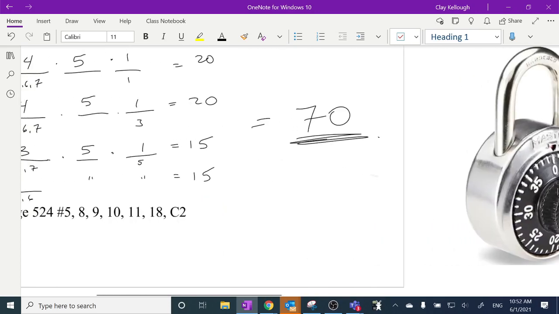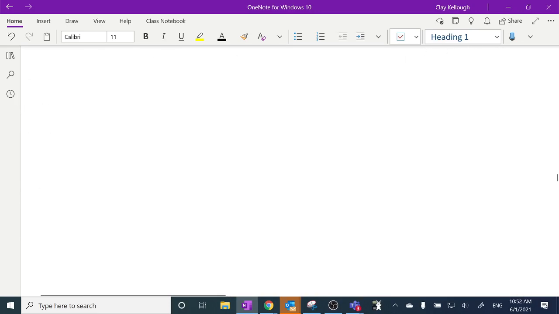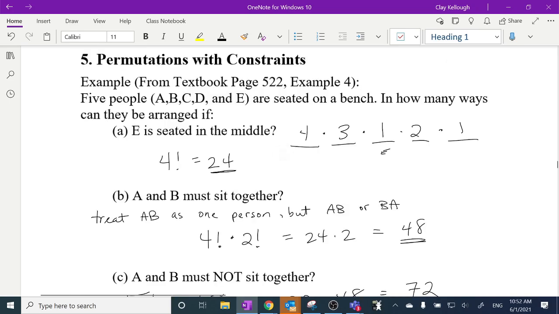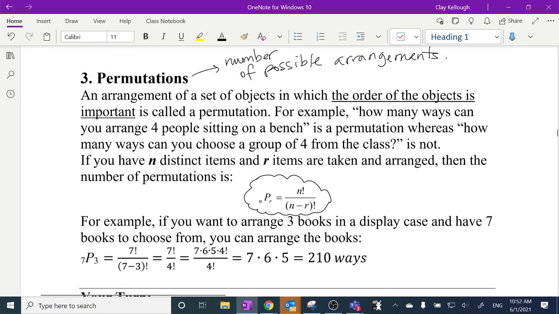Because when we were doing permutations, let me just scroll back to the original definition here. Okay, we got to go back further than that. The definition of a permutation is an arrangement, the number of possible arrangements. So when you talk about how many different ways things are arranged, the order matters.